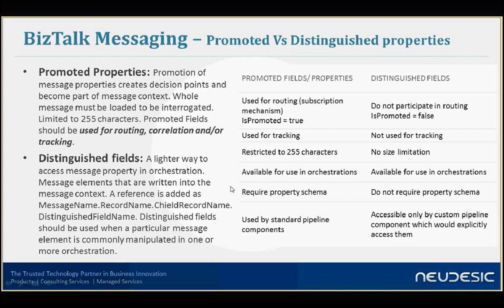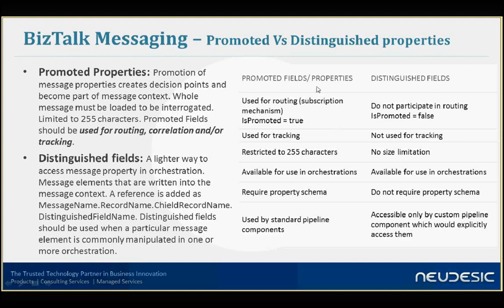A distinguished field is a reference to any field name of any message. A distinguished field should be used when a particular message element is commonly manipulated in one or more orchestration steps.